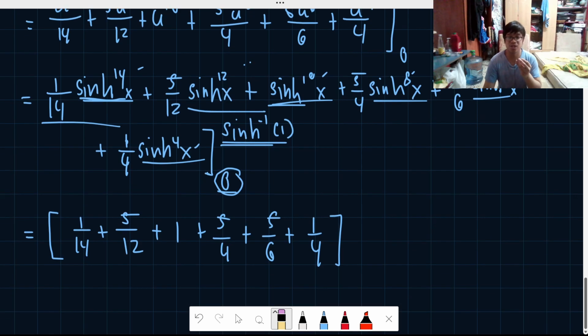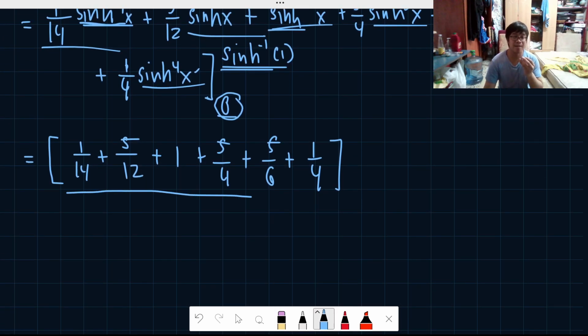So we can simply disregard them, and we're going to add everything here. I'm too lazy to manually solve them, so let's just use the calculator. Here we have 1 all over 14 plus 5 all over 12 plus 1 plus 5 all over 4 plus 5 all over 6, and lastly plus 1 all over 4.